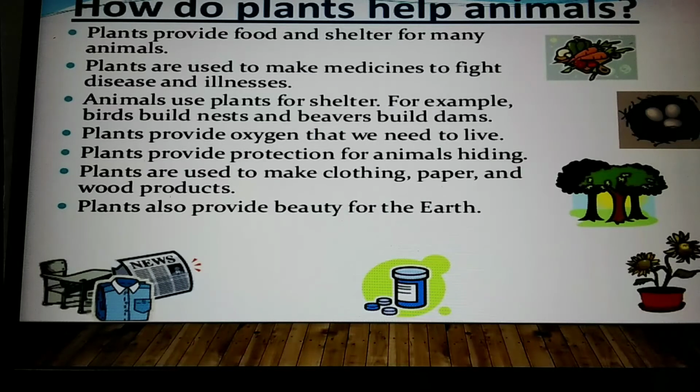Plants provide oxygen that we need to live, and that is the reason plants are called cleaners of the environment. Plants provide protection for animals for hiding. Plants are used to make clothing, paper, and wood products. Plants also provide beauty for the earth, and they are called producers since they can produce food.